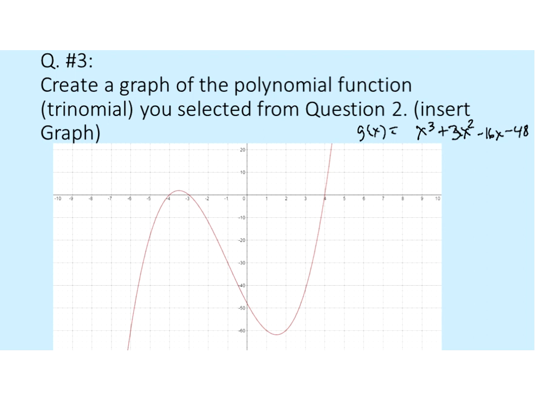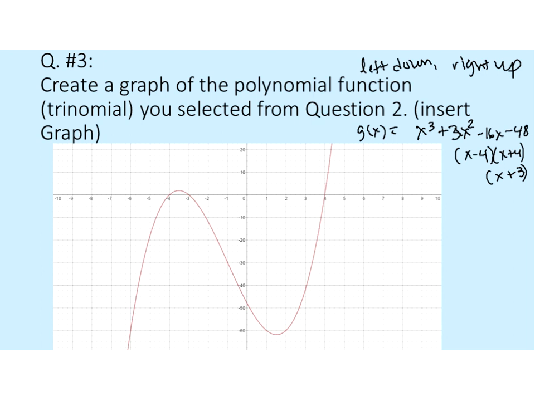Remember when we did factoring by grouping, we ended up with these factors: x minus 4, x plus 4, and then x plus 3. When we did this at first, we talked about the end behavior. Remember we said left down, right up.